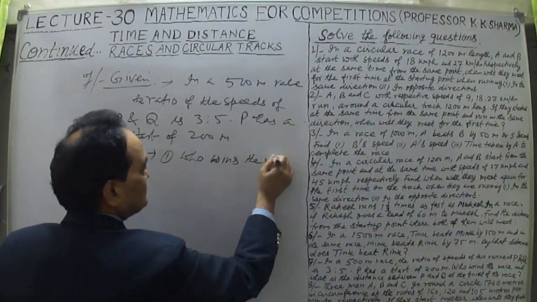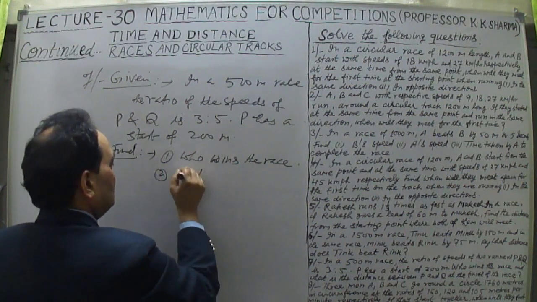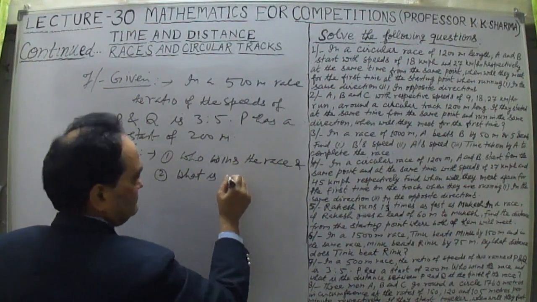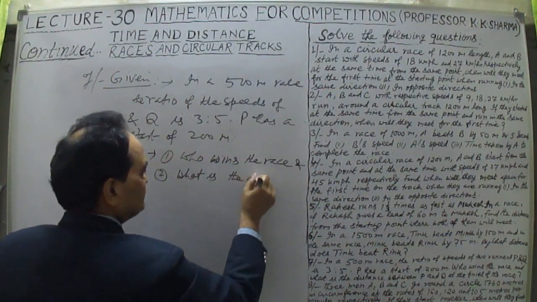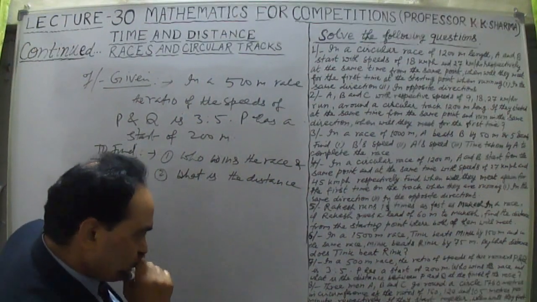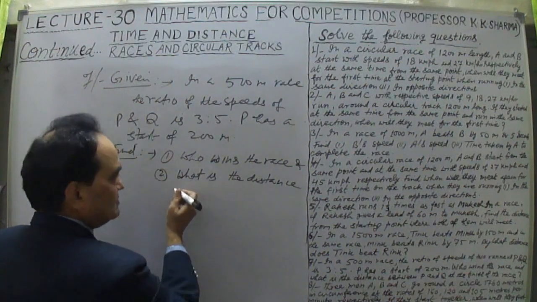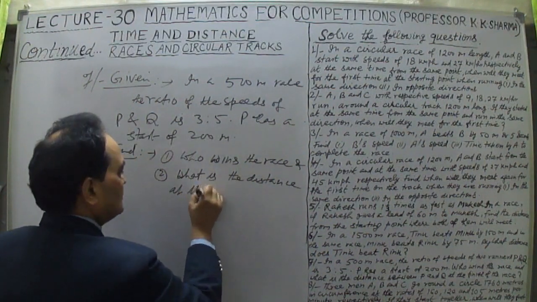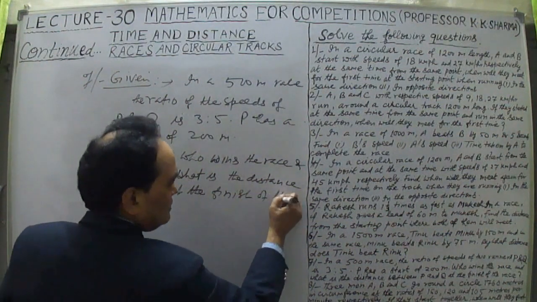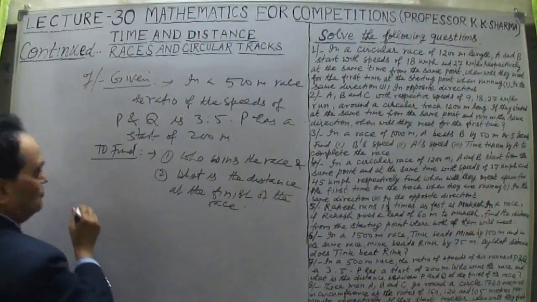Second is what is the distance when they meet together? What is the distance at the finish of the race? This is the point here.